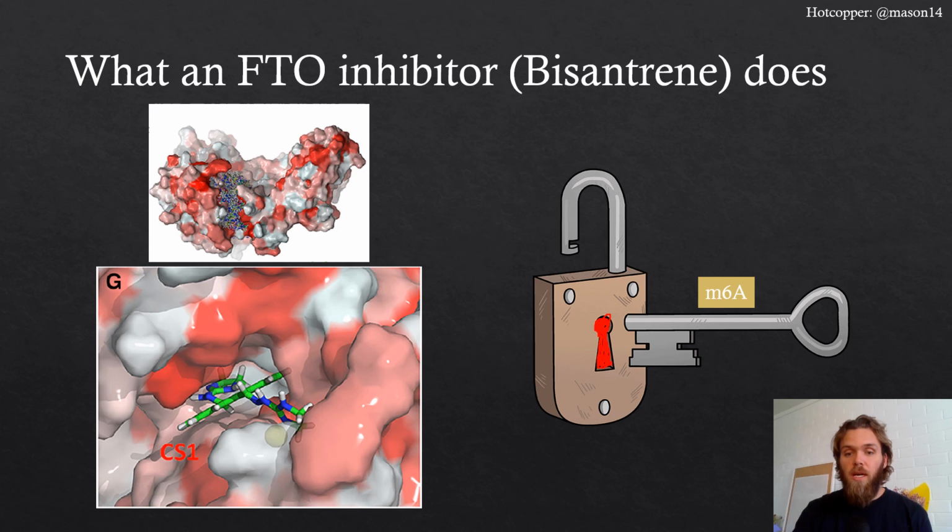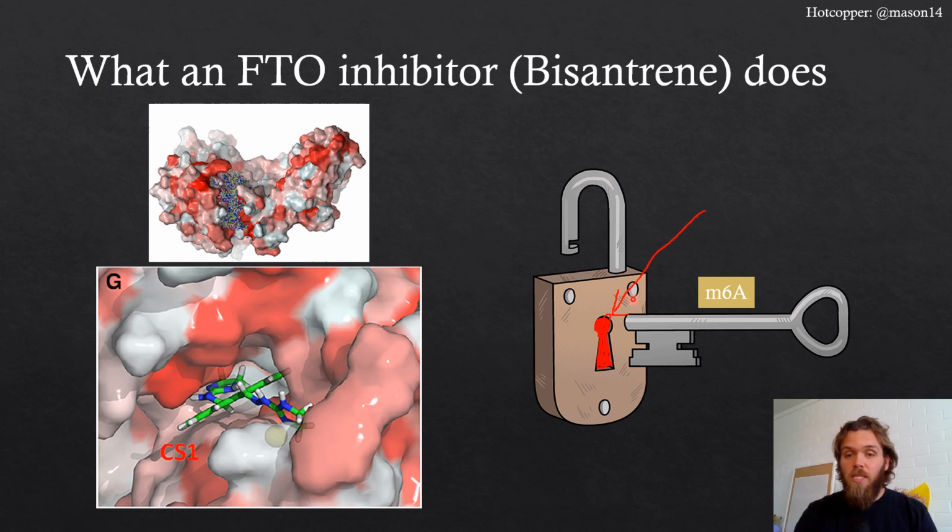And when Bisantrene comes in and binds into that catalytic pocket, that's all it does. It prevents this M6A molecule from entering into that catalytic pocket, and we'll go into a little more detail later. By preventing that from happening, there is a flow-on effect that has many different functions within the cancer cell, and actually other cells, but we'll find out more about that later.